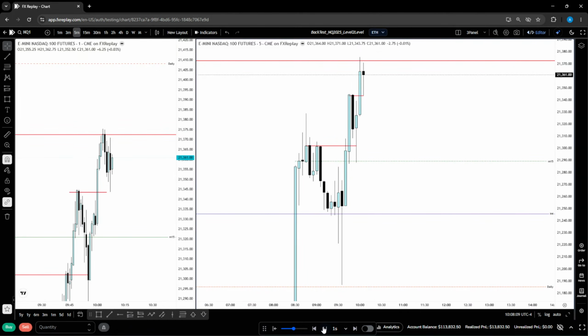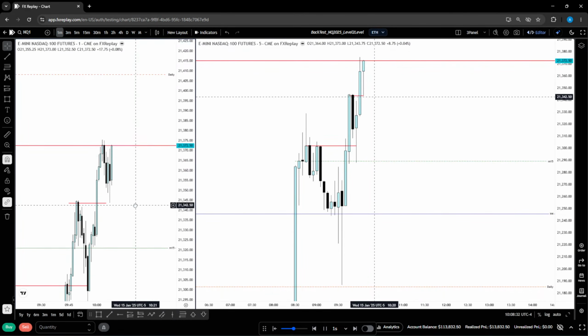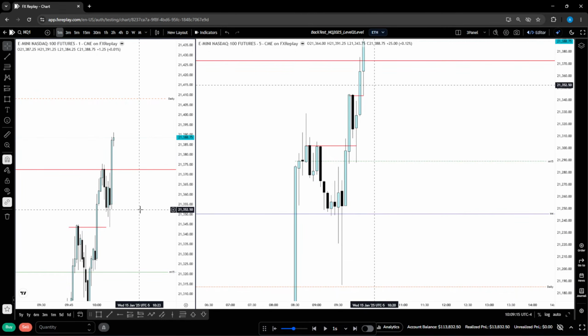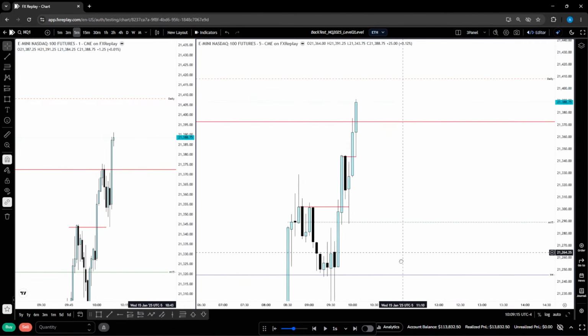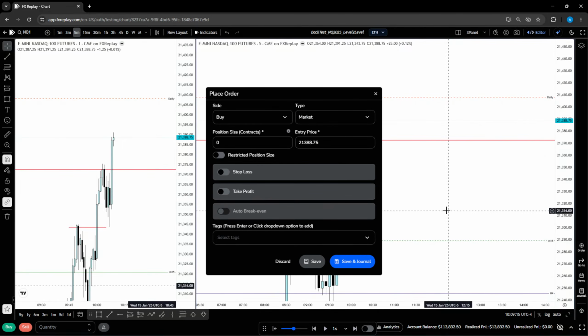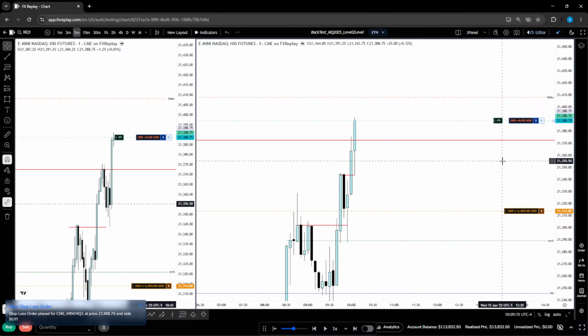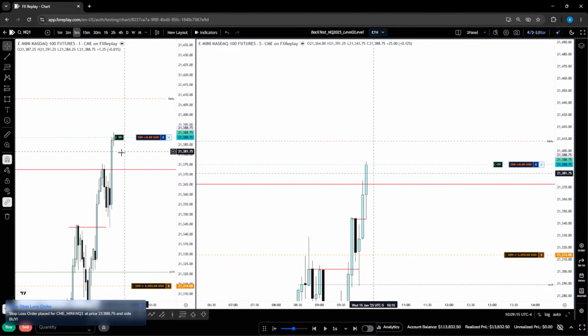Okay, this is a proper test of that 5-minute level. We could go long now. Stop kind of like below this, but we should not come back down below this level.